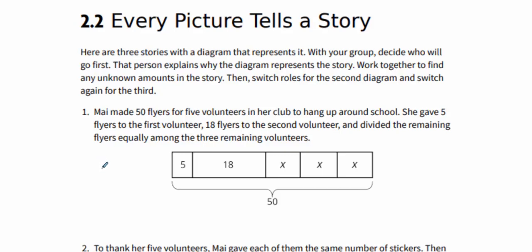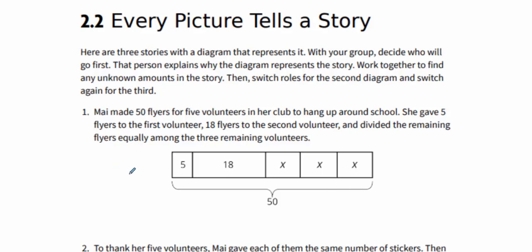May made 50 flyers for 5 volunteers in her club to hang up around school. She gave 5 flyers to the first volunteer, 18 flyers to the second volunteer, and divided the remaining flyers equally among the 3 remaining volunteers.